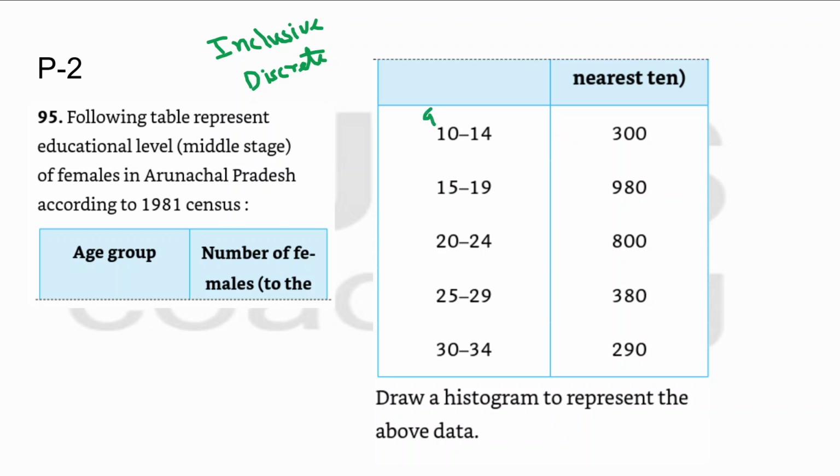So now write it like this: 14.5 to 19.5, 19.5 to 24.5, 24.5 to 29.5, 29.5 to 34.5. Make this extension before you start with your histogram, and then the rest of the process is the same.